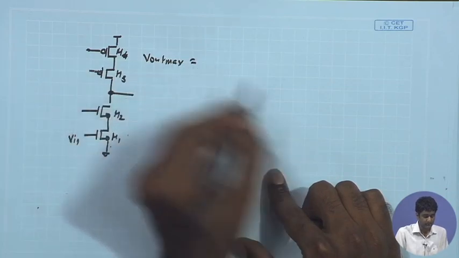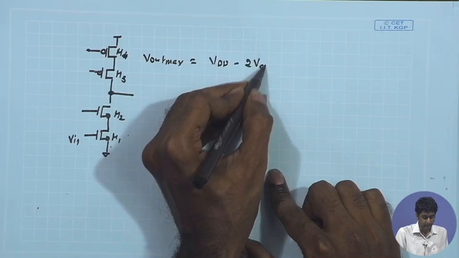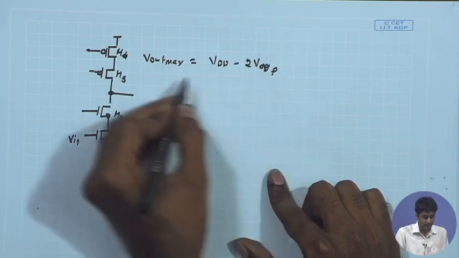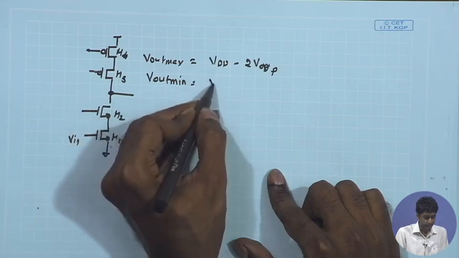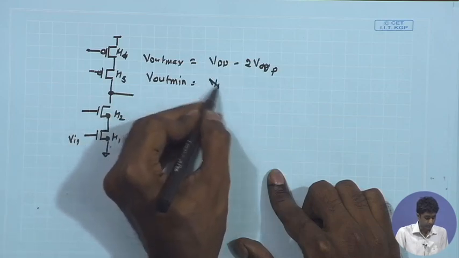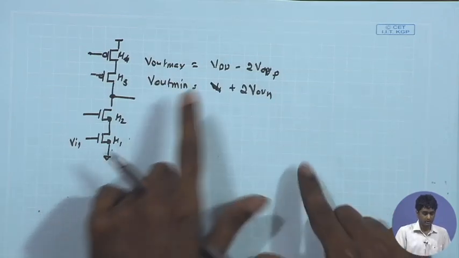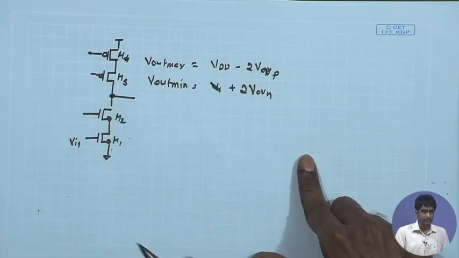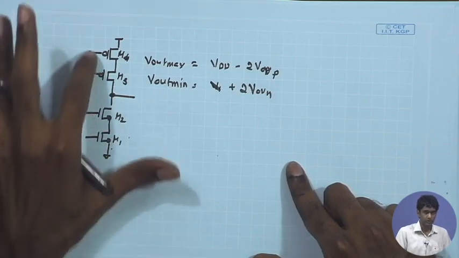So V out max that we arrived at was equal to VDD minus, and V out min that we can have is simply 2V overdrive of NMOS. So this is the minimum and maximum output level that we can have, provided I have the freedom to control the gate voltages.